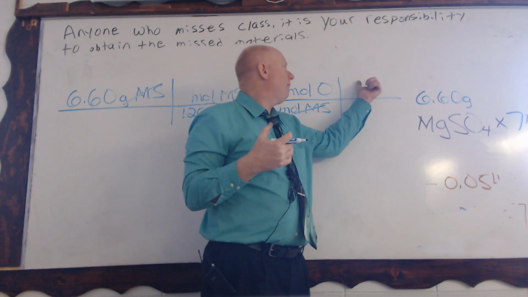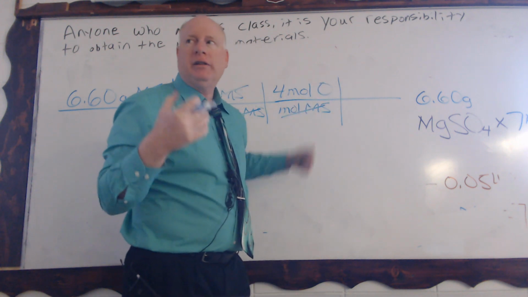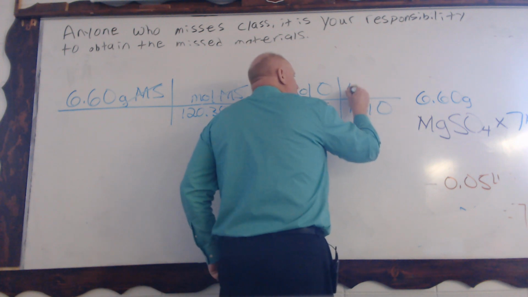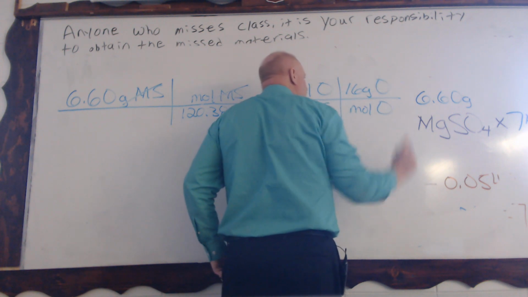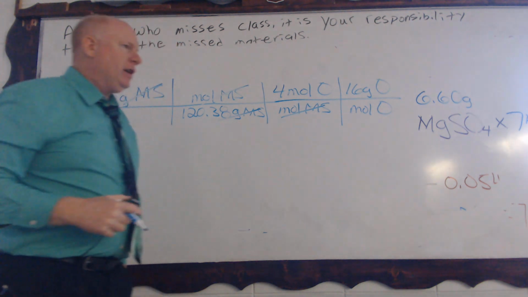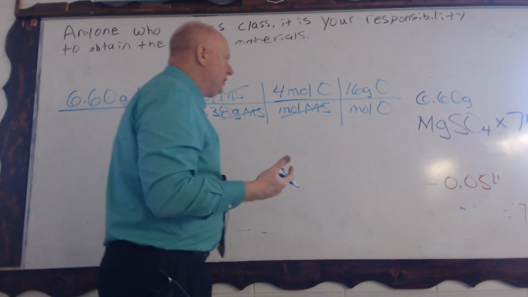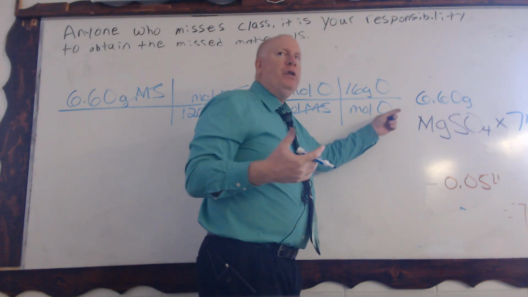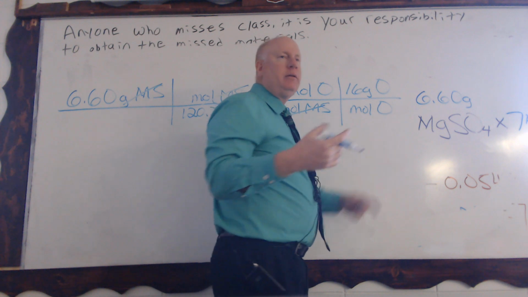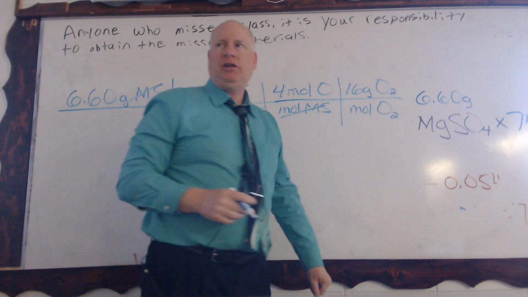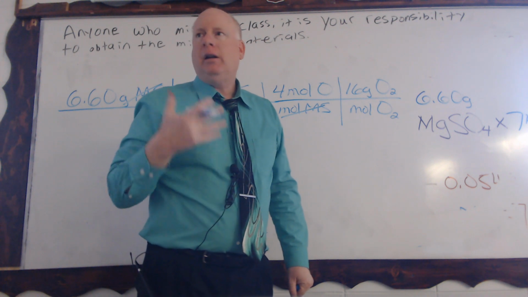Now we're dealing with oxygen. So for every mole of oxygen, we get 16 grams of oxygen. Some of the things that happen when we get further down the road, once we get past this chapter, we don't deal with this anymore.